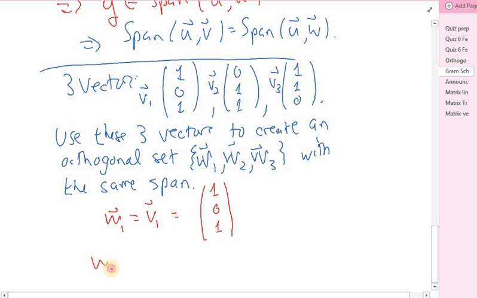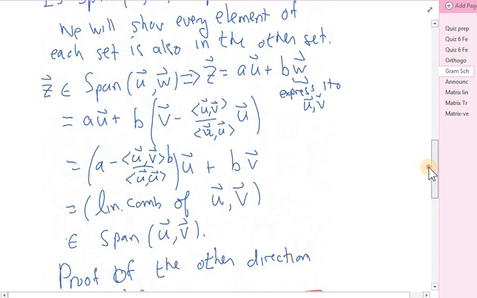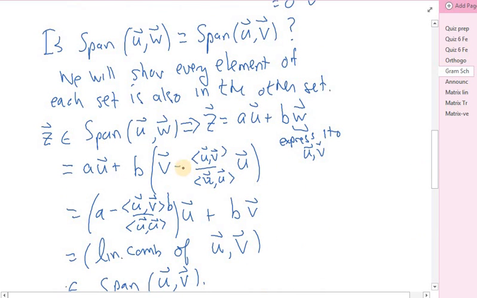Now for W2, I'm going to use my W1 and my V2 to get a vector that's orthogonal to W1. Okay? So my formula was V2 minus, and let's go up and make sure I got the formula right. Here's the formula here with u and v, but instead of v, I'm using V2, and instead of u, I'm using W1.